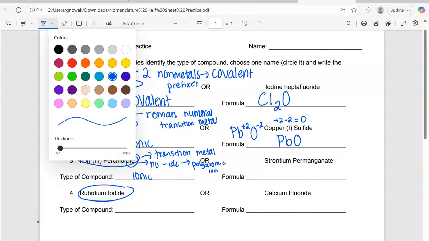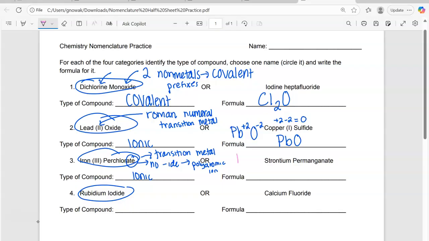I'm going to switch colors here so it's a little bit easier to see. So my iron is Fe, and it has that +3 charge from my Roman numeral. When I look for perchlorate, I know to go to the back of my periodic table because it ends in ate, so it is a polyatomic ion. I get a -1. So I'm going to go ahead and use my crisscross method.